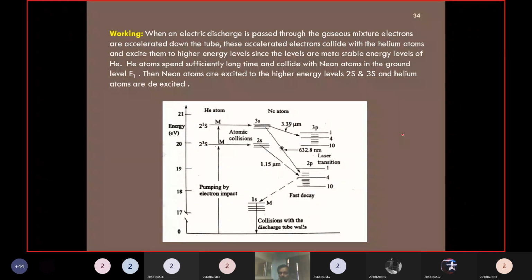If you take any atom, there are electronic levels. If an electron jumps from one energy state to another energy state, that is the electronic energy. That means n equal to 1 to n equal to 2; these are the principal quantum numbers, n equal to 1, 2, 3, 4. We give the principal quantum numbers to electronic levels.